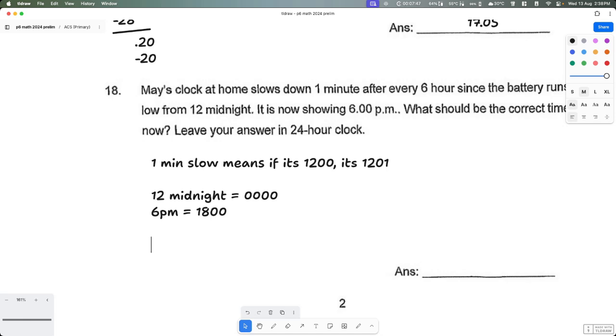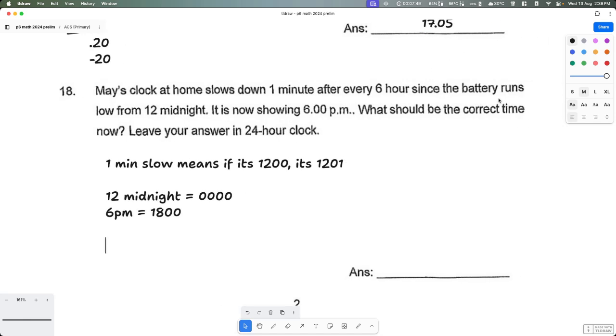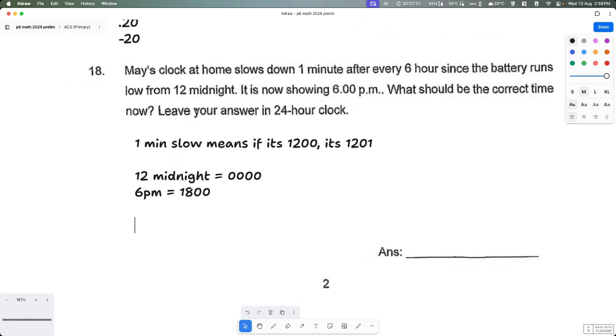From midnight to 6 p.m. is 18 hours, because from 0000 to 1800 is 18 hours.